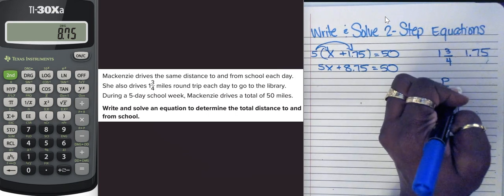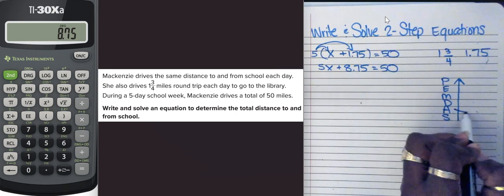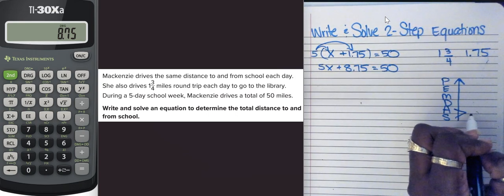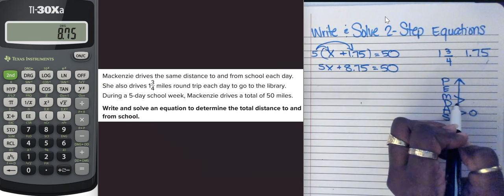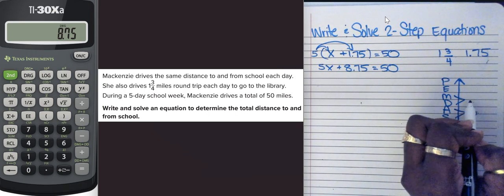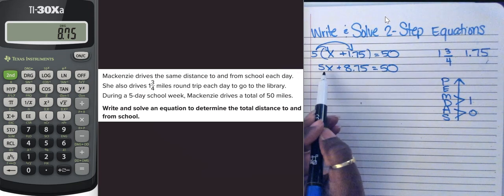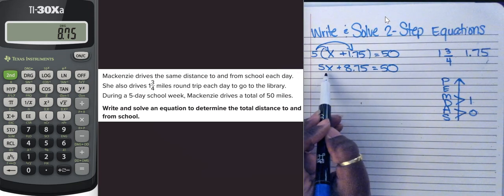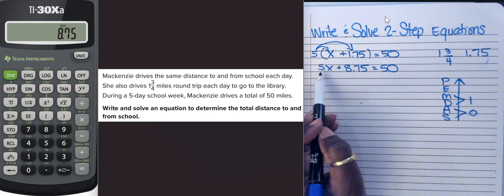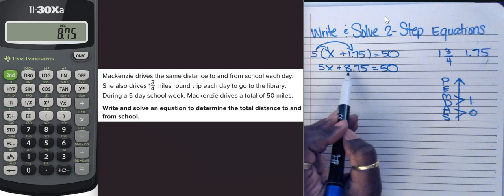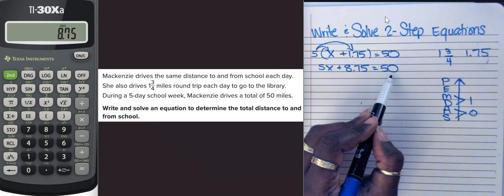So we're going to use PEMDAS, but in reverse order. Remember, if we're adding or subtracting, we need our sum or our difference to become 0. And if we're multiplying, we need our product or our quotient to become 1. Working our way back, I see that x is not isolated because it's being multiplied by 5. And then in addition to that, we're adding 8.75 for us to get 50.